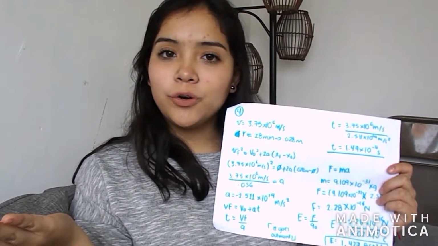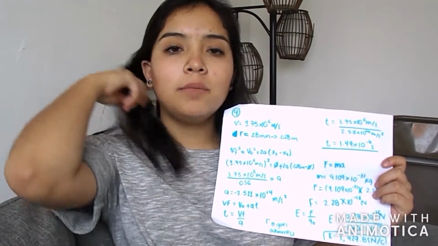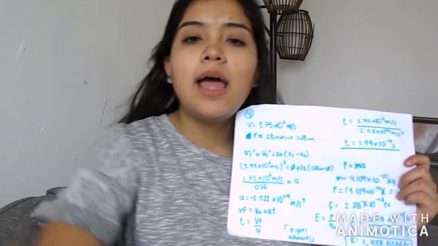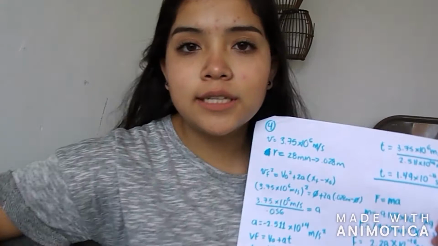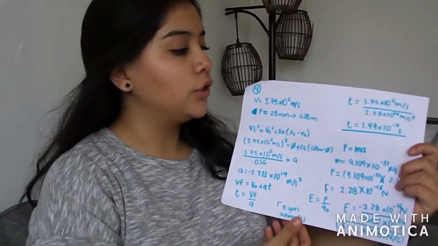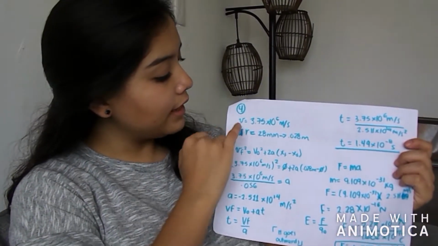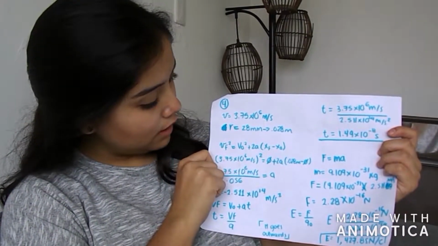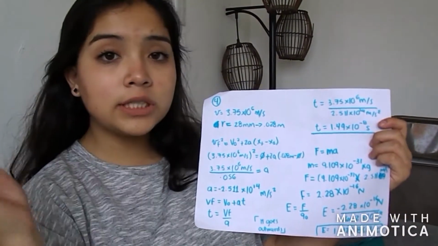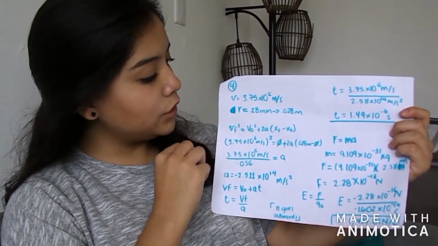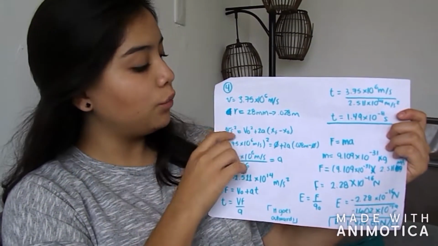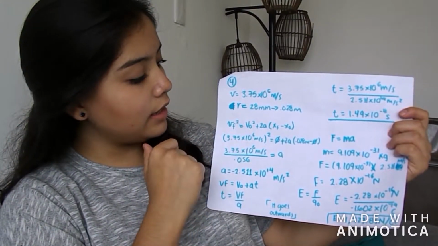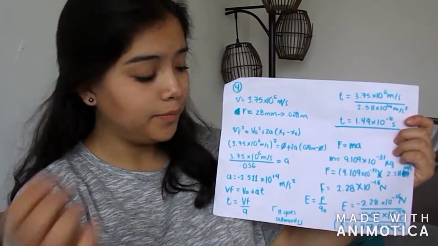In problem number 4, they are asking us the time that the electron stops, and also the electric field and its direction. First of all, we have our data: velocity and distance. The first step is to find the acceleration with the formula of final velocity, the one that doesn't have time.